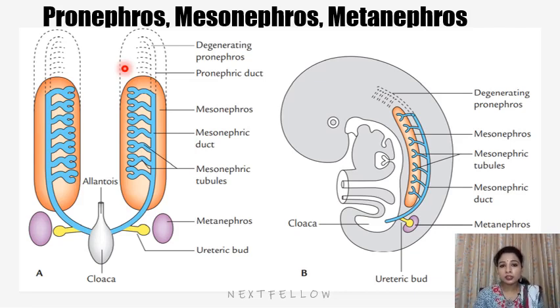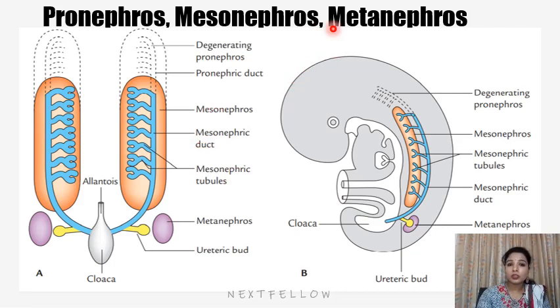However, its ducts, the pronephric ducts, which open into the cloaca, persist and are subsequently used by the mesonephros. The caudal part continues to form the mesonephric duct. You can see the cloaca, and the dotted structures are the degenerated pronephric tubules. That is about the pronephros. The pronephros persists as a permanent kidney in lower animals like cyclostomes and some teleost fishes.